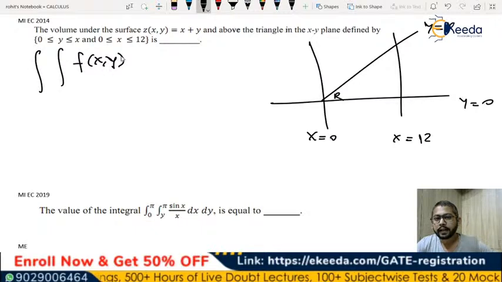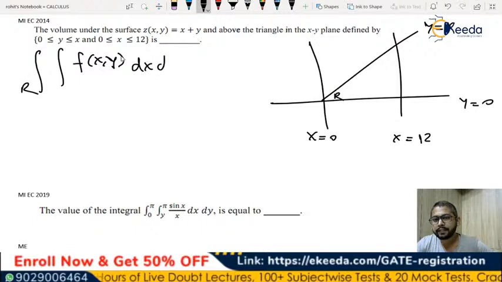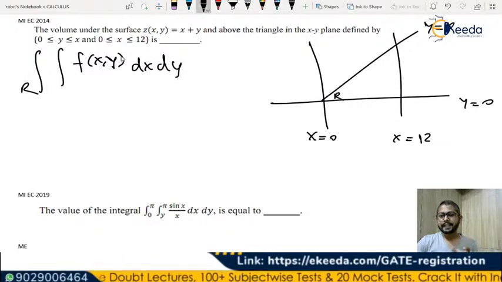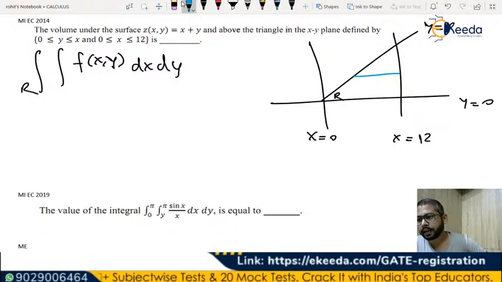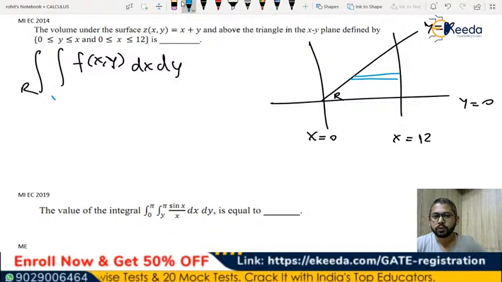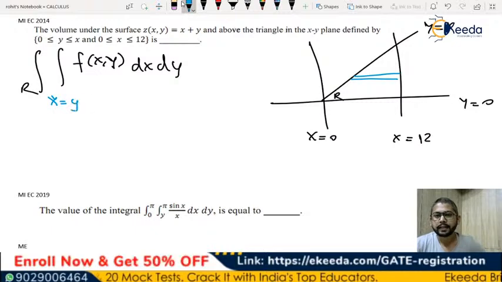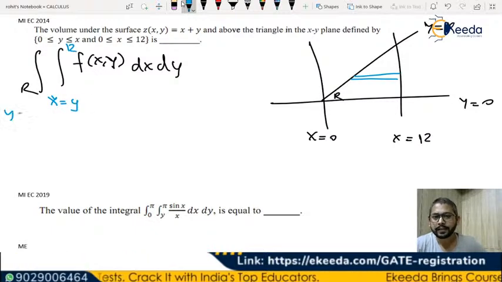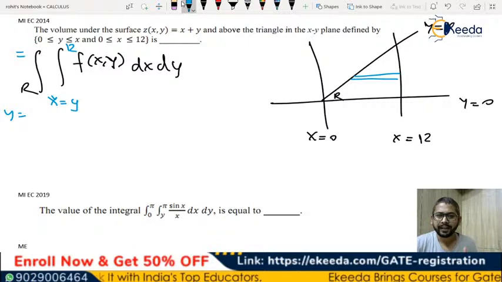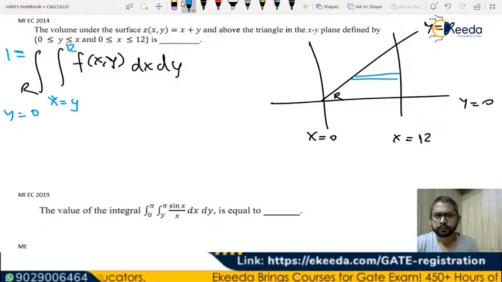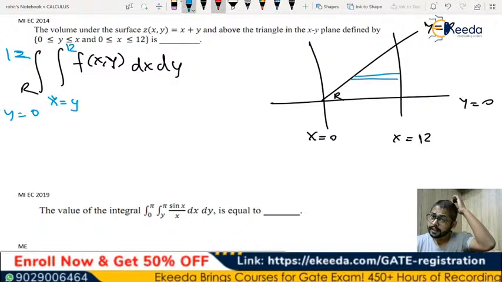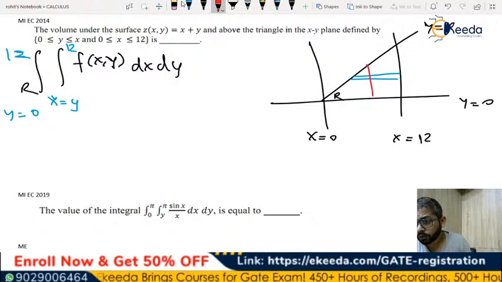Now, if you take the integration order of f(x,y) as dx dy, you will be taking a limit for x from x equal to y to x equal to 12, and the y limits will simply be y equal to 0 to 12, right? But what if we take the vertical element?